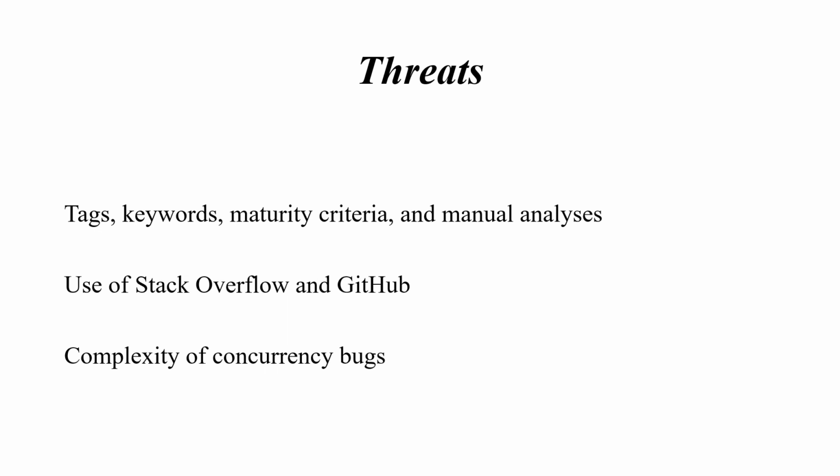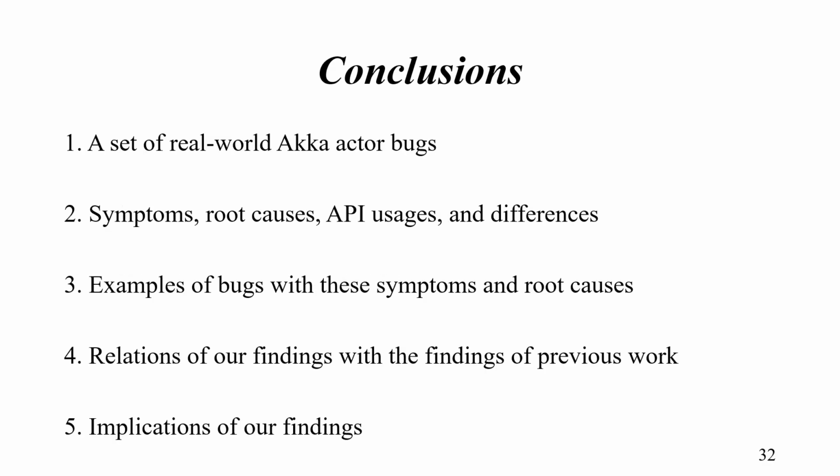The complexity of concurrency bugs and its impact on their understanding, reporting, finding, and fixing is another threat. To mitigate this threat, we closely follow the best practices of the previous work and study only bugs that have been found and fixed.